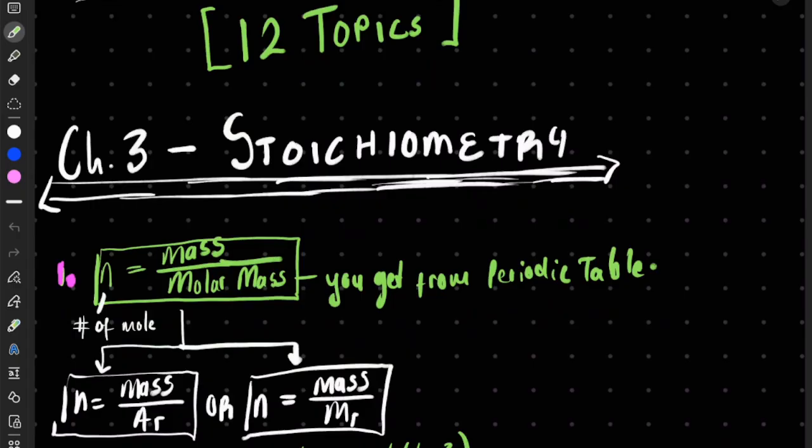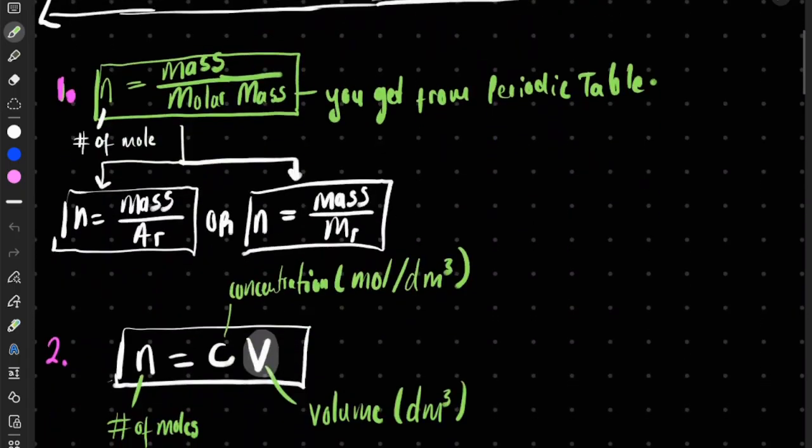Chapter 3 is stoichiometry. Now, there are 4 formulas that I don't want to see you forgetting, especially the first 3. Number of moles is the ways to find moles. We want to find how much we have, and we'll be calculating it by calculating moles.